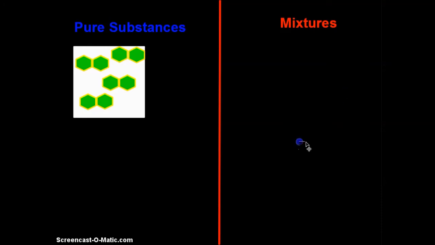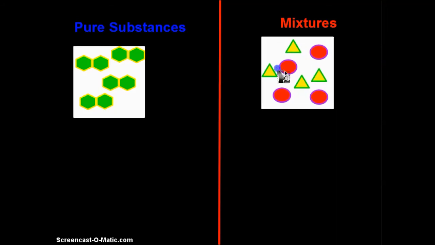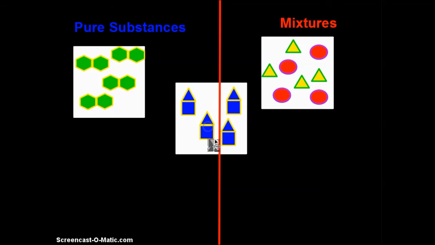If I bring in another sample, we have triangles, we have these oval, circle type things. We can see that they're different. That's going to be a mixture. We have different types of particles. Bring in another substance here. We have a square bonded to a triangle, square to a triangle, square to a triangle.